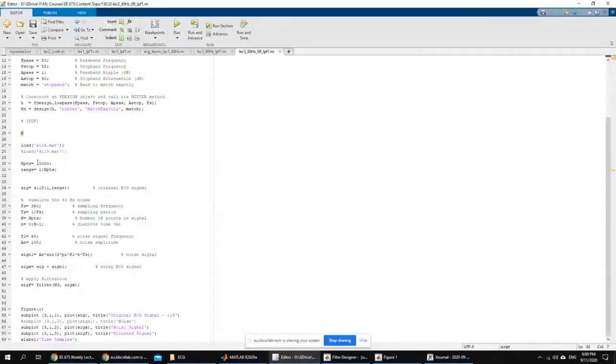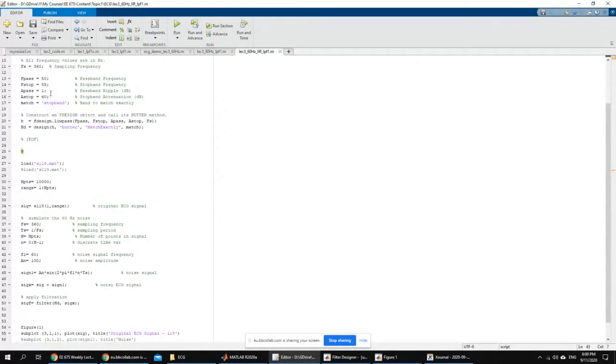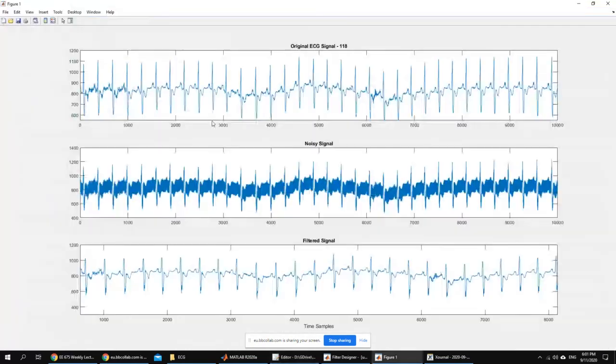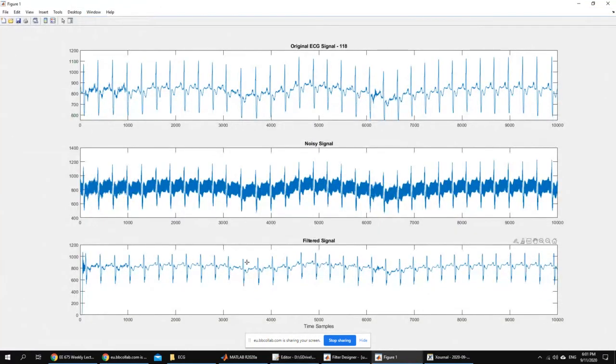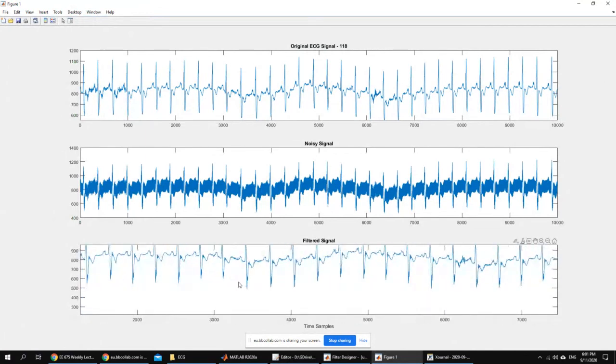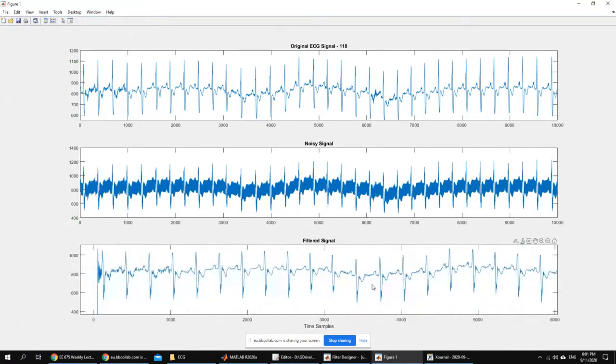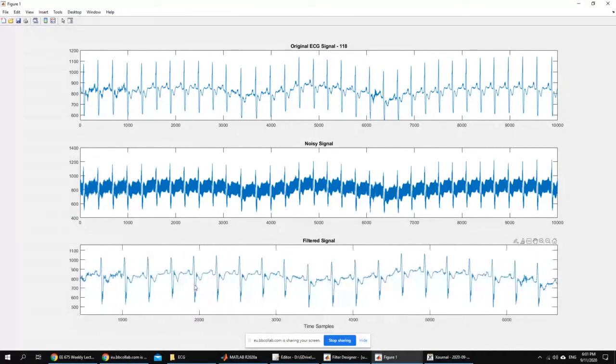But what you can do is go back and change the order here. If I wanted to have the attenuation here as 60 decibels, the order here will be a little bit more, but let's see how the output will look. Actually, it looks cleaner. At the beginning, it was already noisy here, so it's okay.